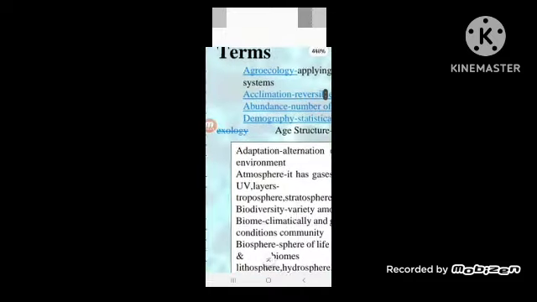Here is the content page. Here is the acknowledgement, terms used in it. I don't know what he has written. The struck-through words, I hadn't written them. I don't know how they came here.